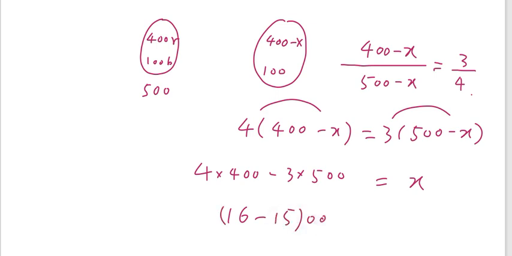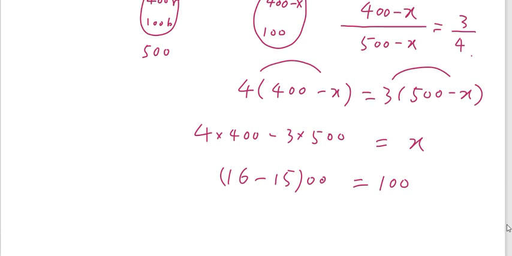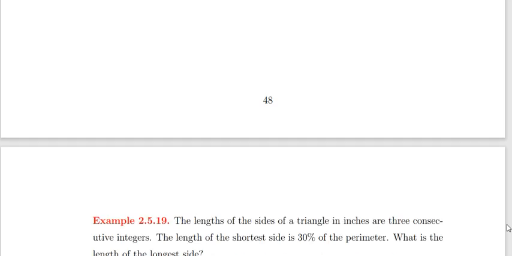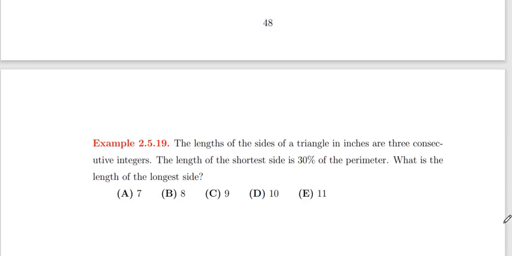So x equals 100. So 100 balls should be removed so the ratio becomes 75%.